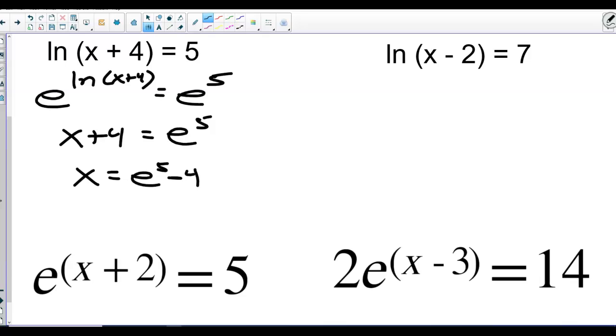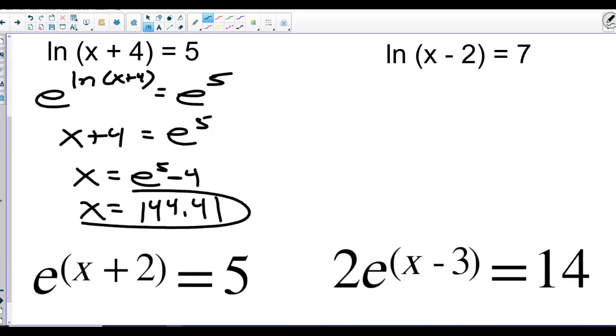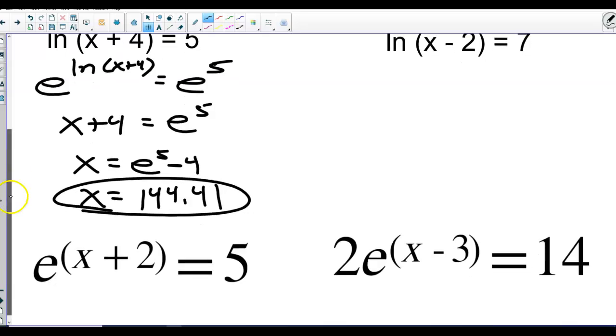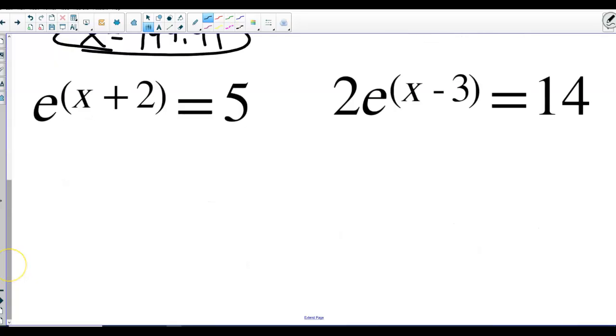Now, on something like that, when I plug that in the calculator, e to the 5 is like 148 something. We're going to round to the nearest hundredth. My final answer is 144.41. Now, when you're given an e, you take the natural log of both sides.